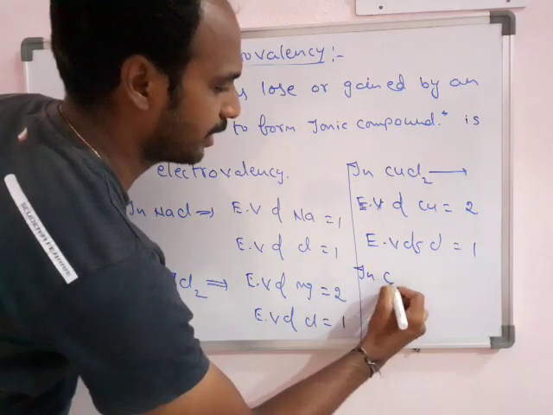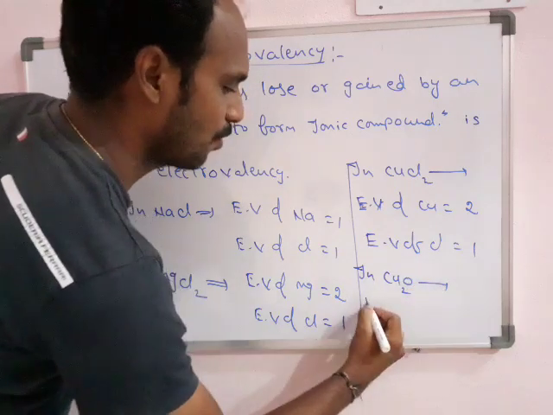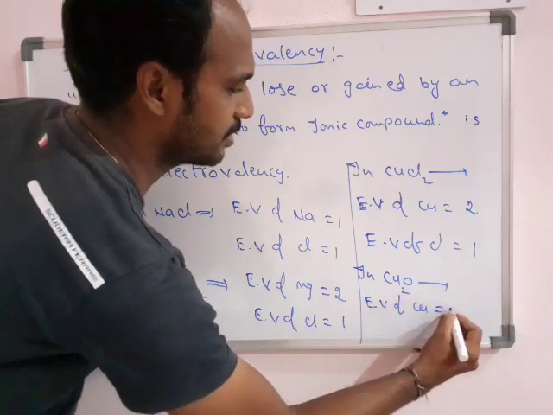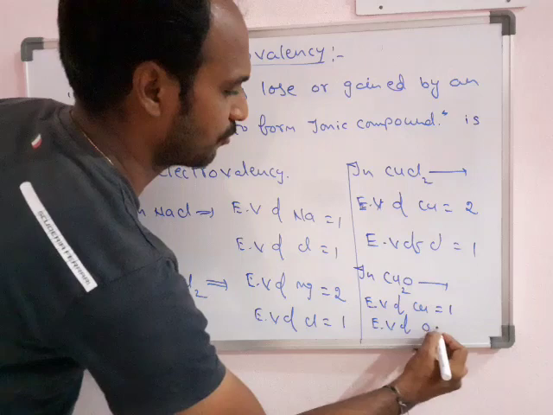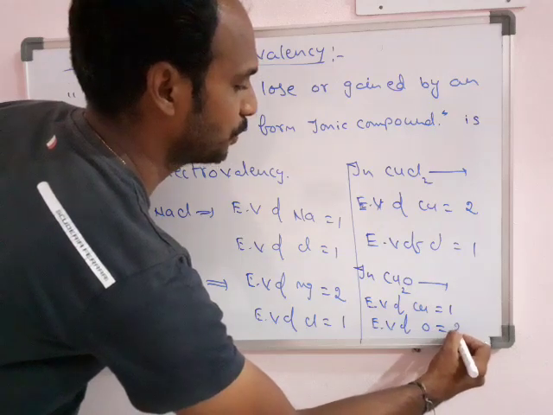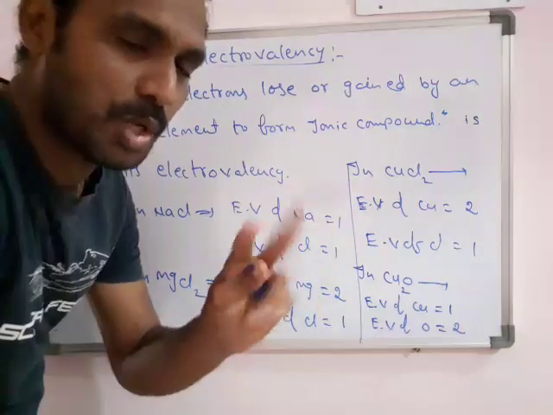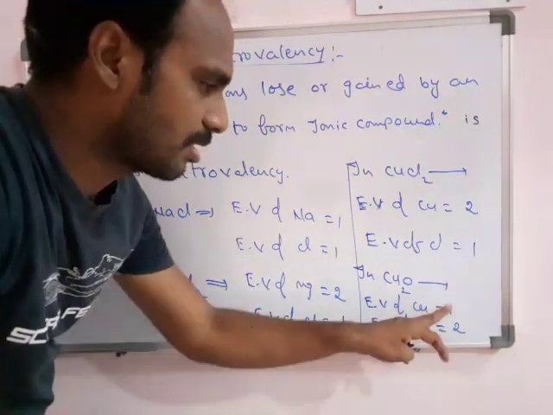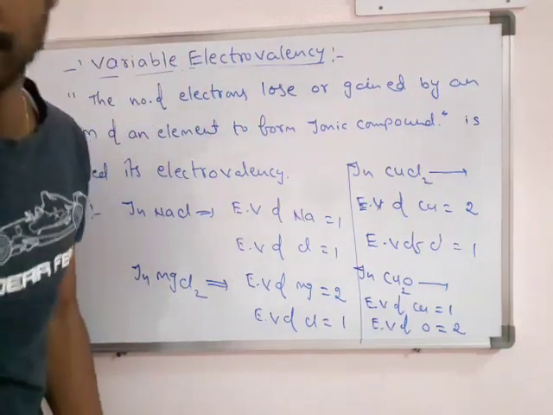For example, in cuprous oxide, the electrovalency of copper is 1. The electrovalency of oxygen is 2, because oxygen gains 2 electrons from 2 coppers. Means each copper is losing how many electrons? Only 1 electron.